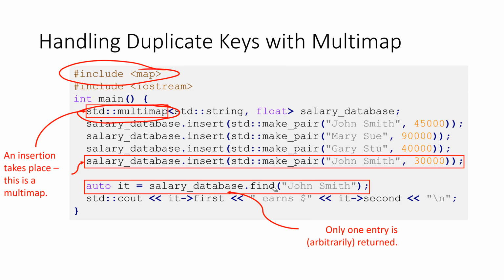So the order between the first John Smith and the second John Smith is arbitrary. You are right that they will actually be right beside each other in the binary search tree, because that's the property of the binary search tree. It sorts. The two keys have to be right beside each other in the tree, in the traversal order. But it's returning me one of them. So, what do I do?